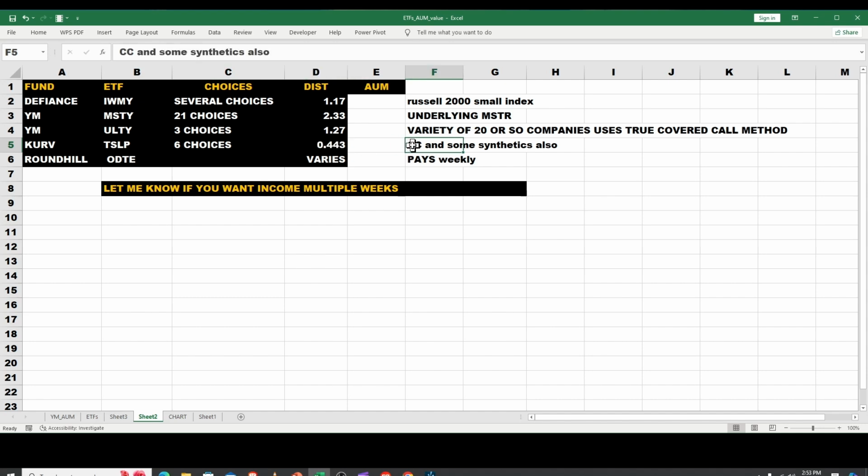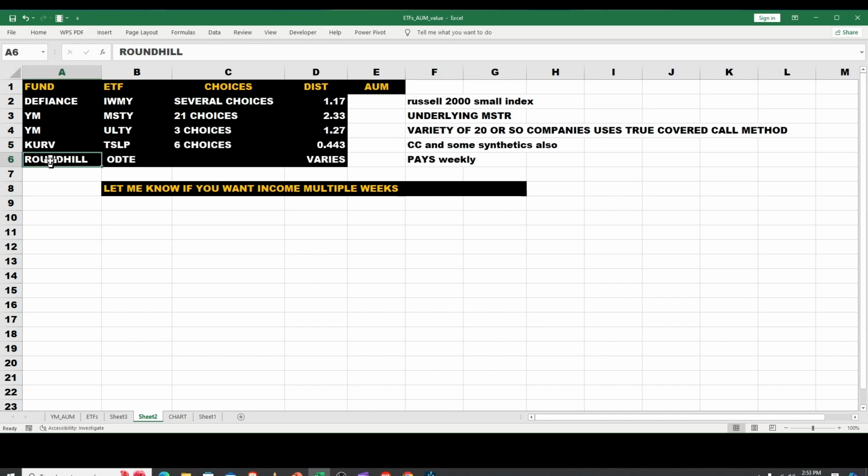So in some cases, they do covered calls, pure covered calls. In other cases, they use a synthetic with a covered call strategy, right? But their covered call for the strategy type, because it's not a true covered call, is written at the month level and not at the week level.